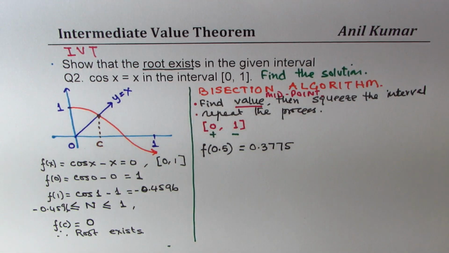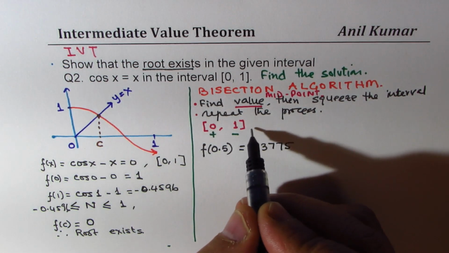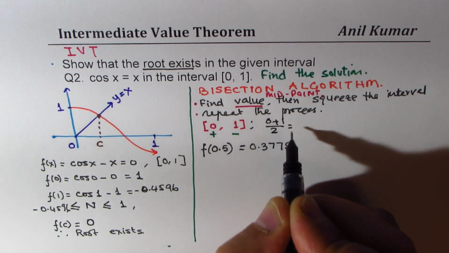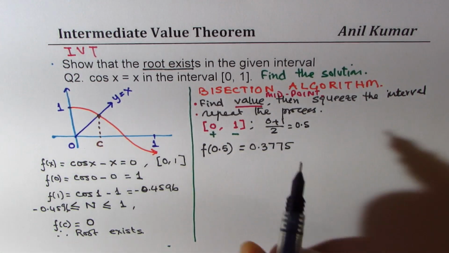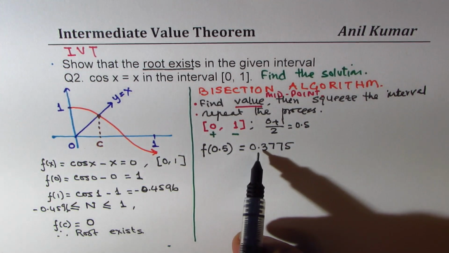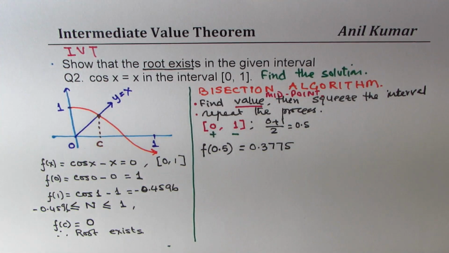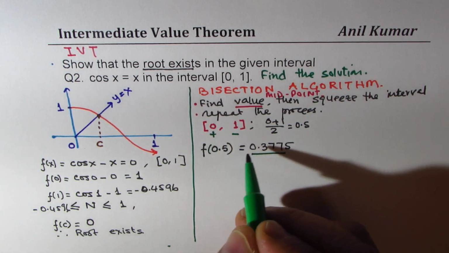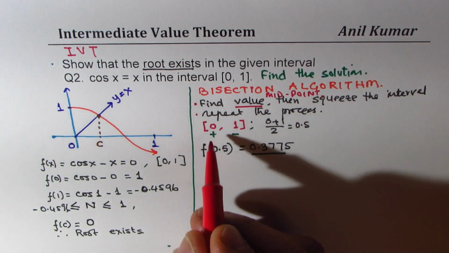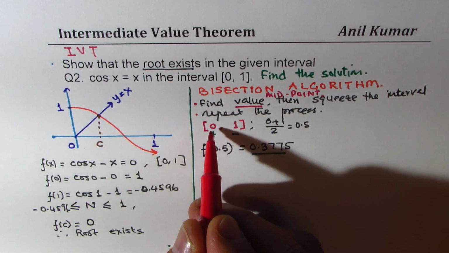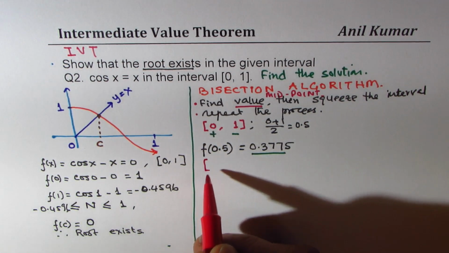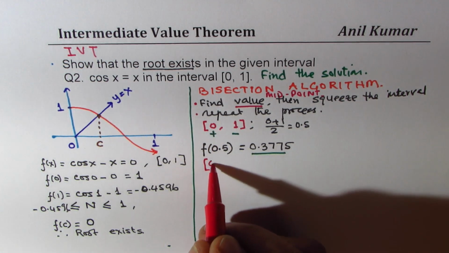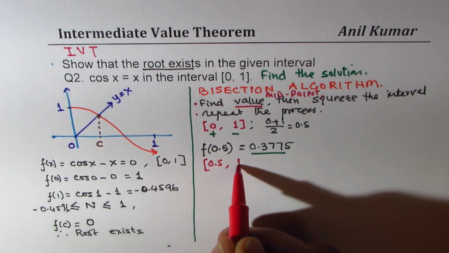So in between 0 and 1, we found that 0 plus 1 divided by 2 gives 0.5. For this mid value, we again calculated and got a positive value, right? This is positive, so it will replace the positive giving interval. So now we'll work in the interval from 0.5 to 1.